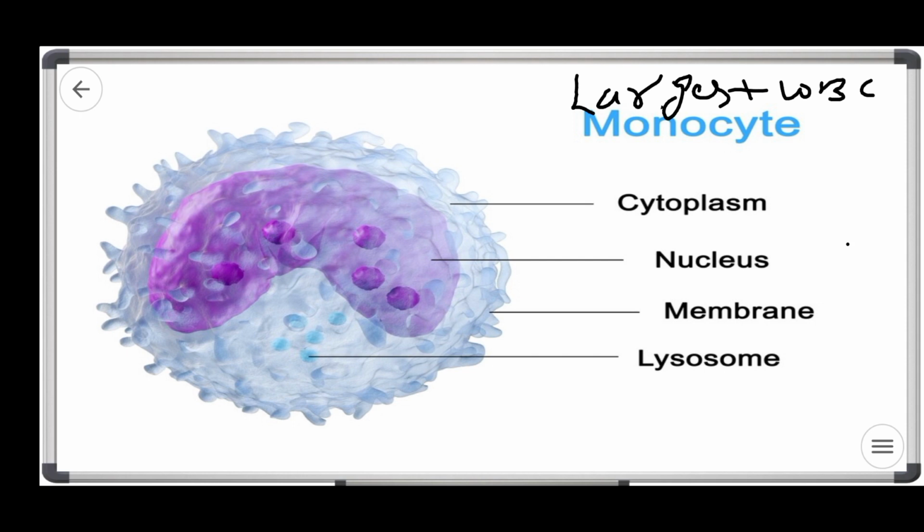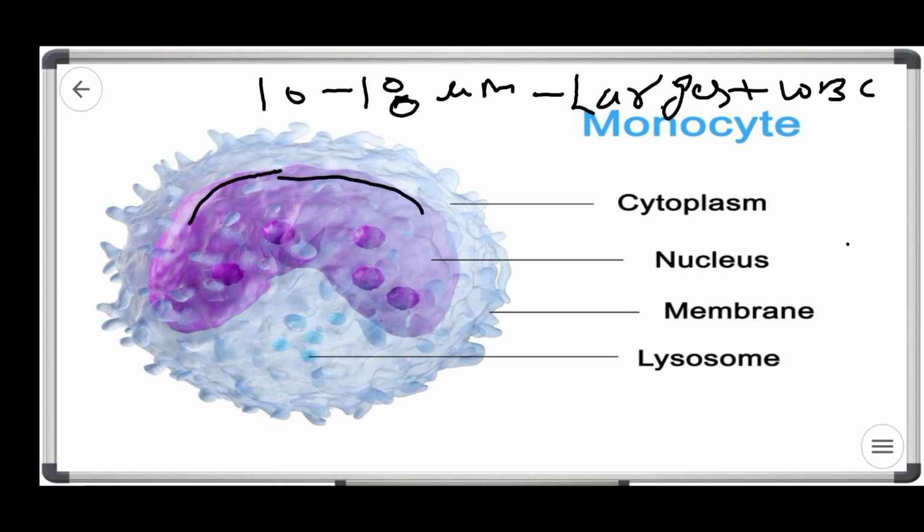The monocyte is the largest WBC among all types of leukocytes, and its size is about 10 to 18 micrometers in diameter. The nucleus is round and indented.